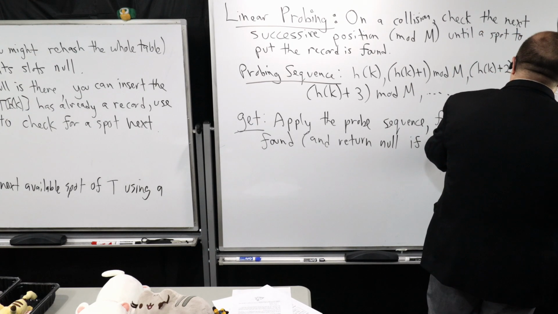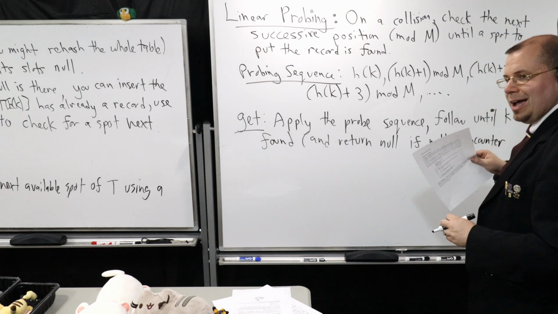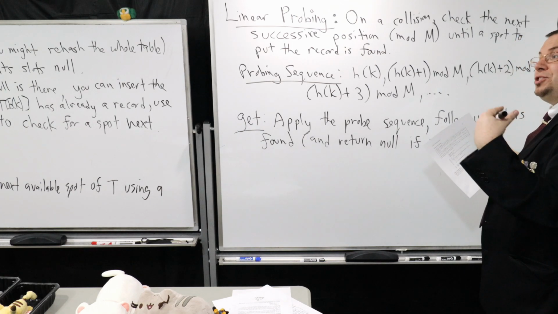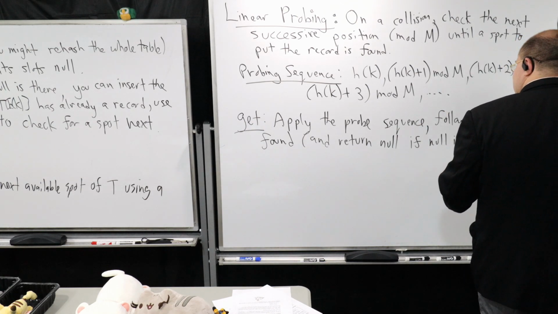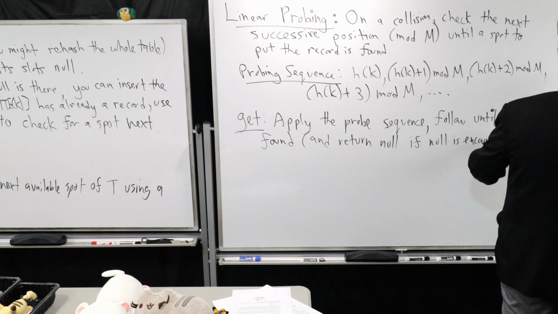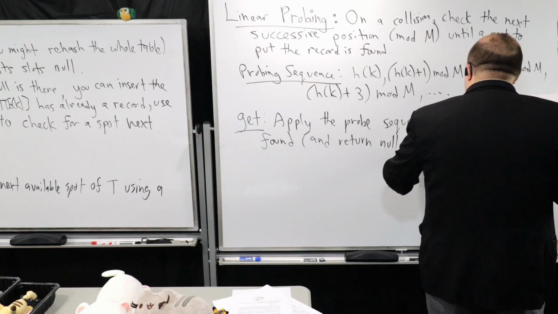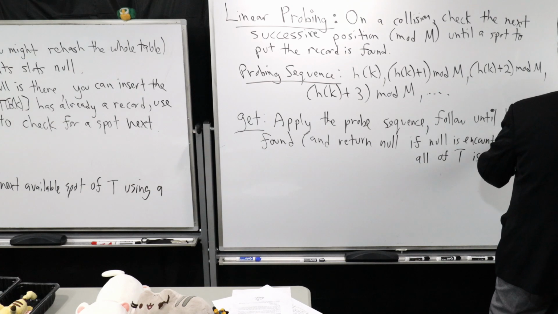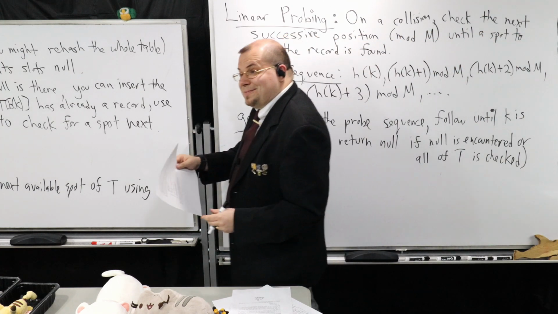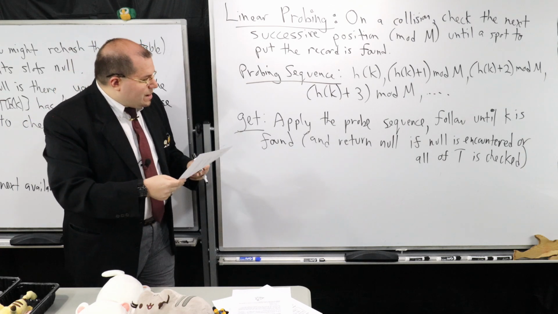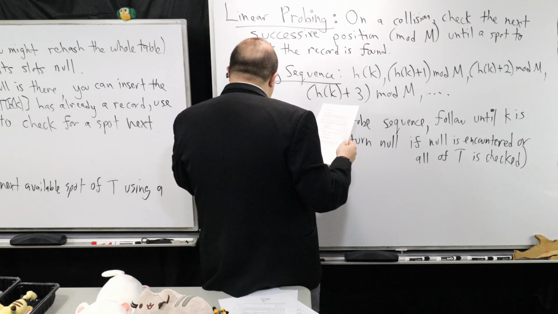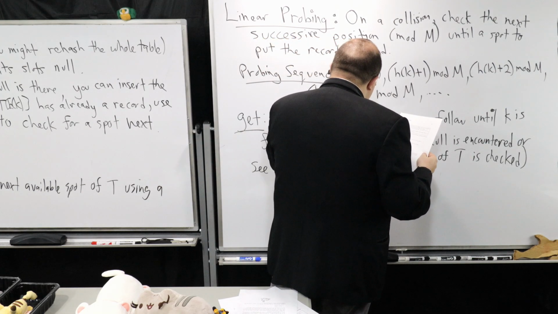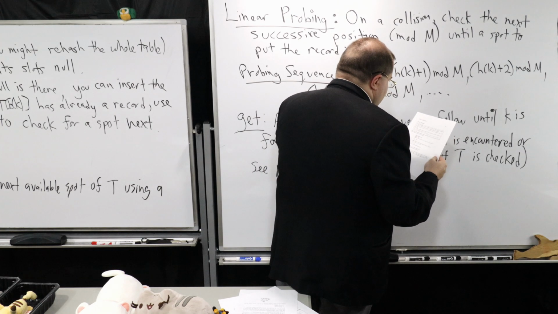Keep in mind, you might hop over to a spot that has null in it, which would imply that nothing was inserted there, which means that where you did hop would be where what you're looking for would be. Or all of T is checked, meaning you checked either the whole table or you ran into a null. That's all get does. I will let you take a look at the pseudocode in the notes.